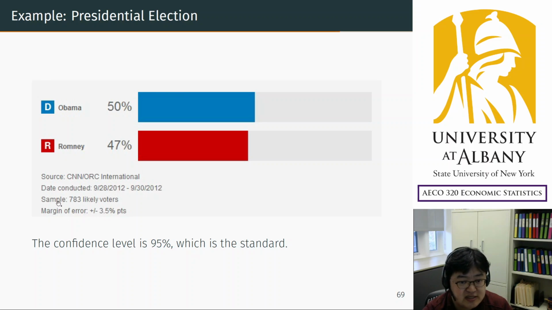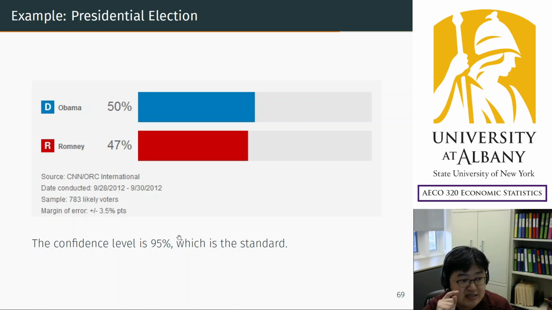And also the sample size is given. 783 likely voters were surveyed or polled. And one piece of missing information here is the confidence level. But the confidence level is 95% because this is the standard.